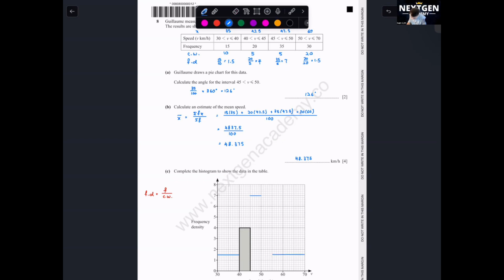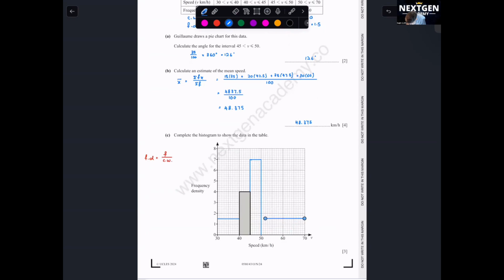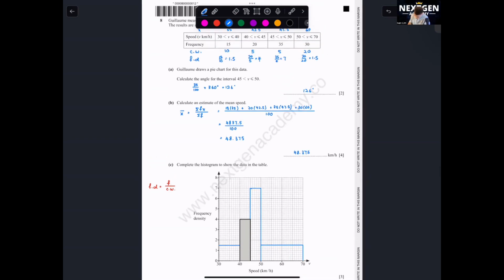Over here. Wait, 50 to 70, we have to extend this over here. Just double check. This one 1.5, here 7, here 1.5.